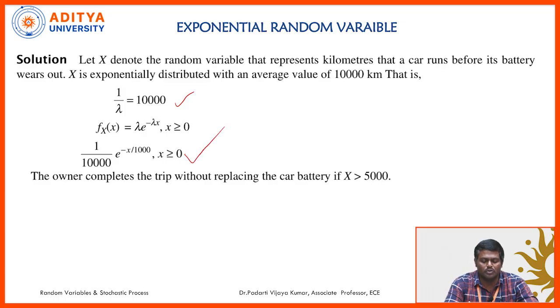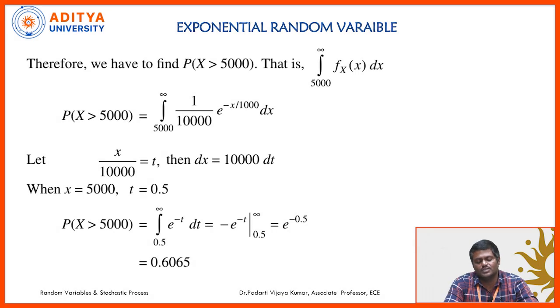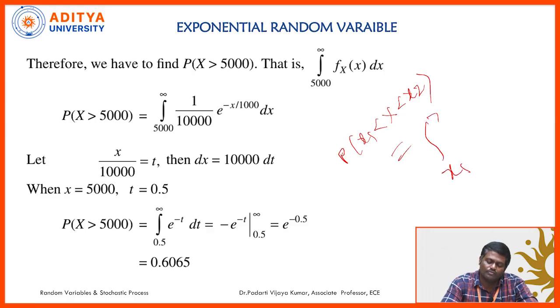Now we need to compute the probability of X greater than 5,000 kilometers. Here we are using the probability of x1 less than X less than x2. If I want to compute the probability between any two limits, we need to integrate the density function over those limits using this formula. What is the probability that it will exceed 5,000 kilometers, 5,000 or more?